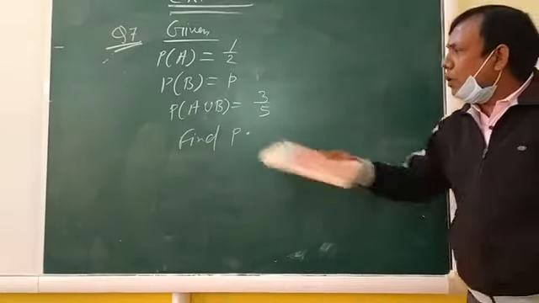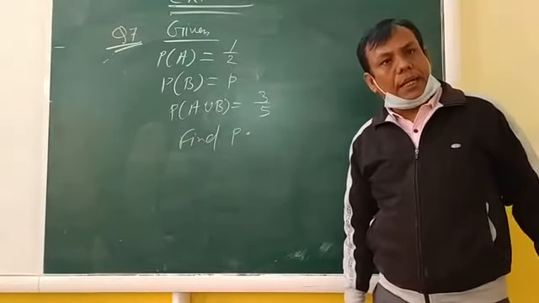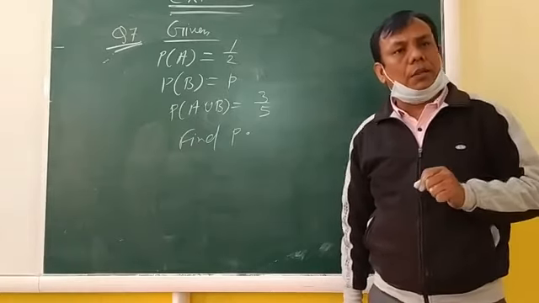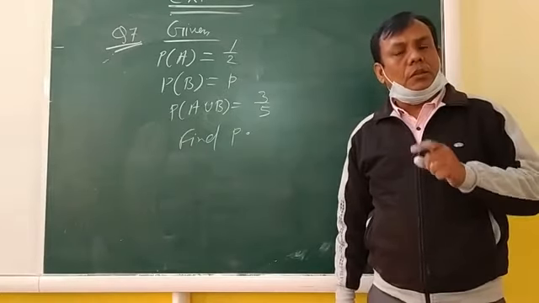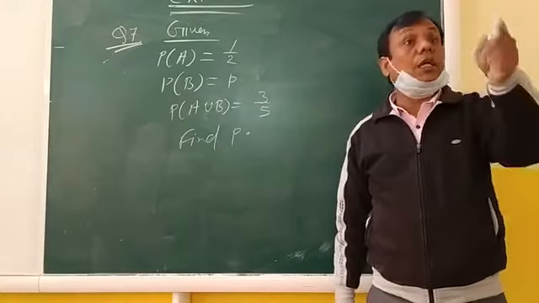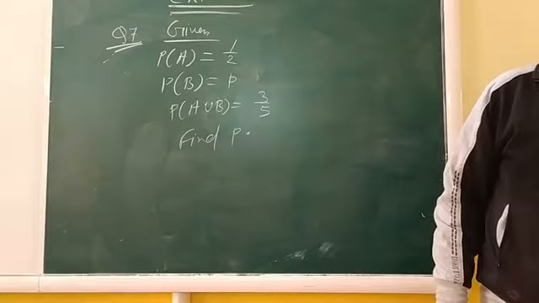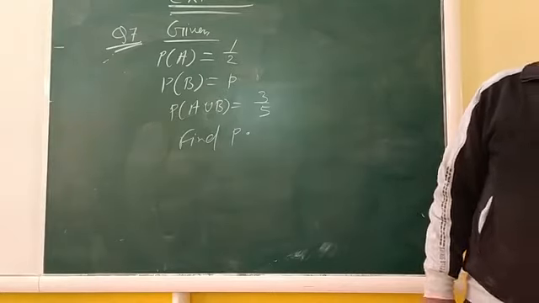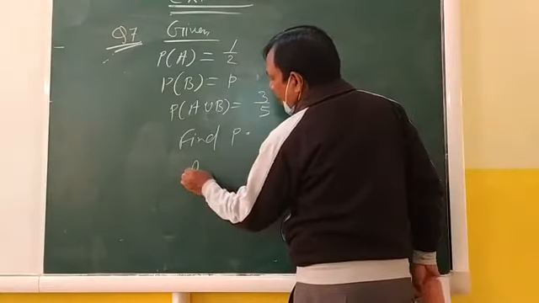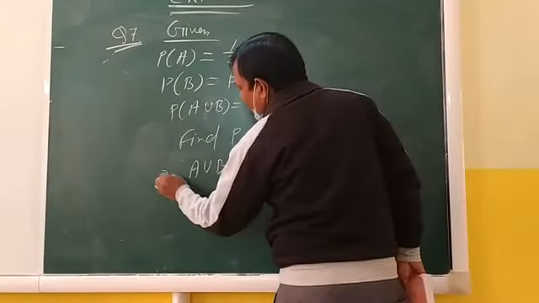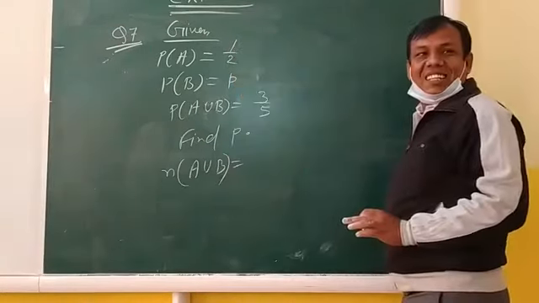So, if union is given here, what is the formula of P(A union B)? Do you know n(A union B)?